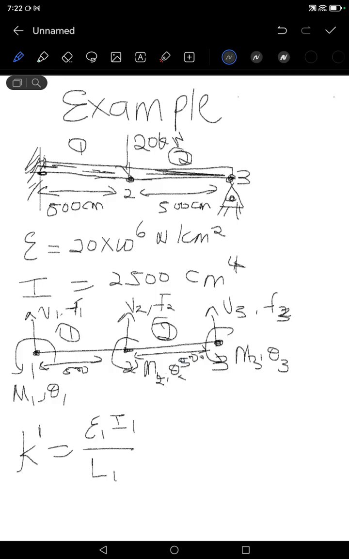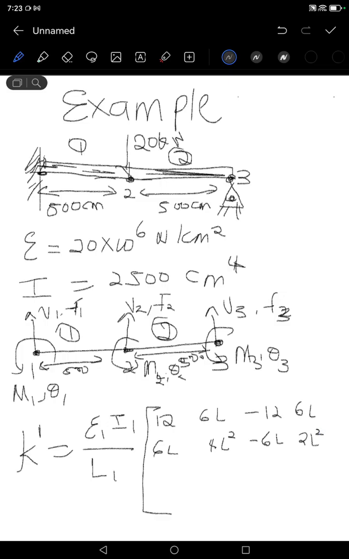Okay. And then we're going to have our equation now. So our formula is 12, 6L, negative 12, and 6L. And then we have 6L, 4L squared, negative 6L and 2L squared.